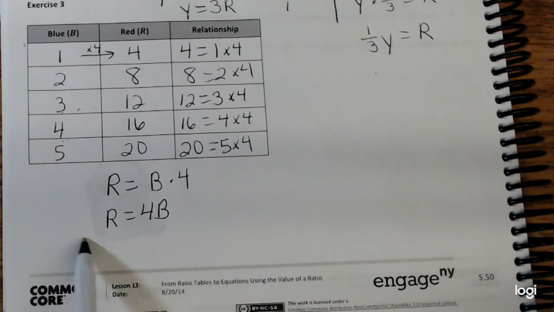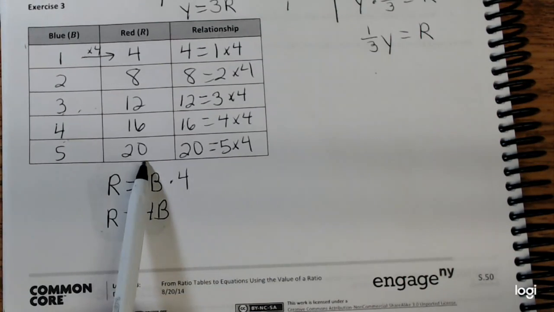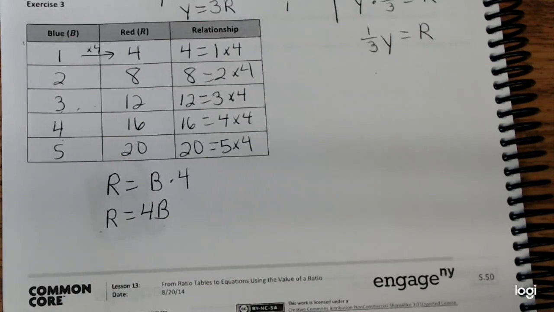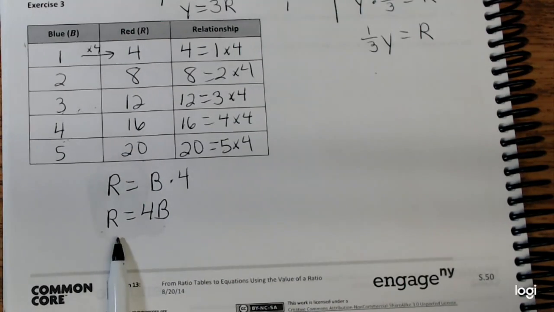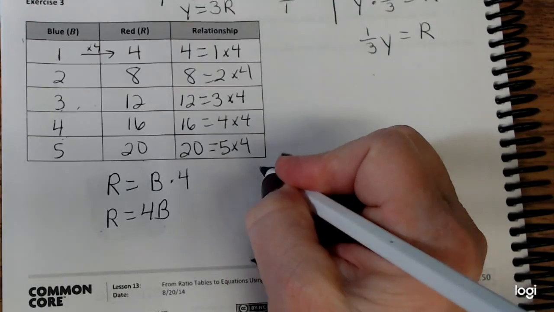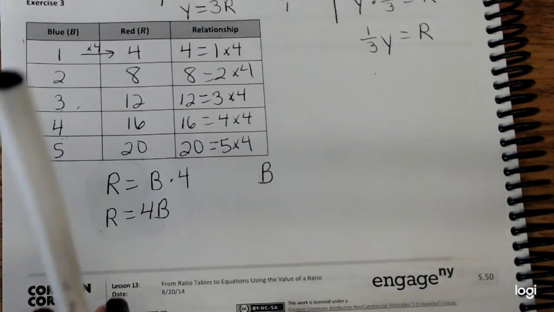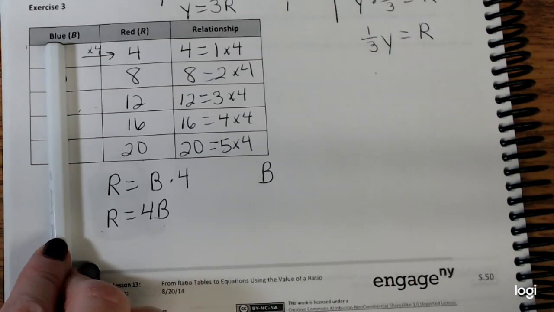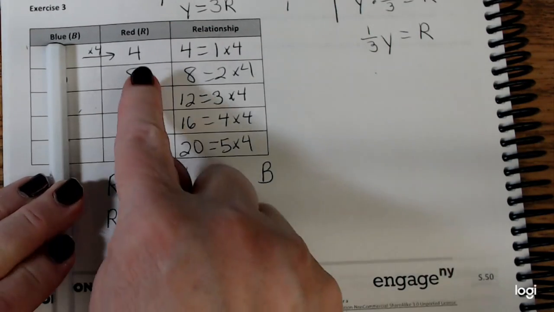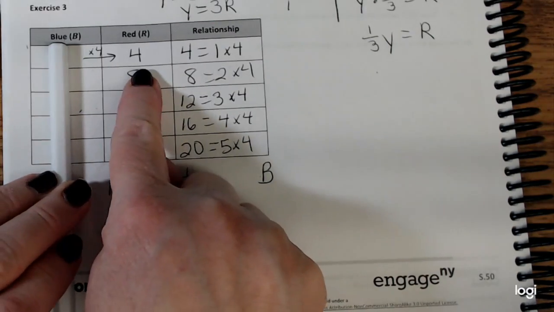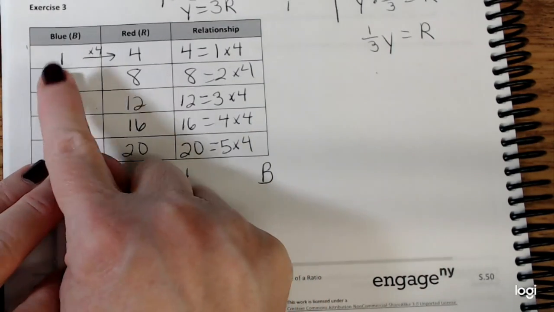This is the equation to find out how much red paint I need if I only know how much blue paint I have. Well, what if I want to know my blue paint, which means you don't see these numbers? How would I go from my red paint back to my blue paint? What did I do to this 4 to get a 1?